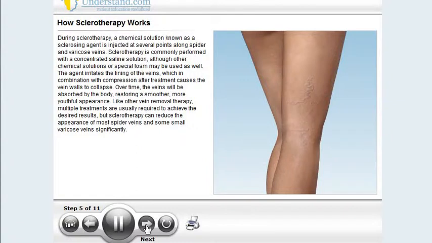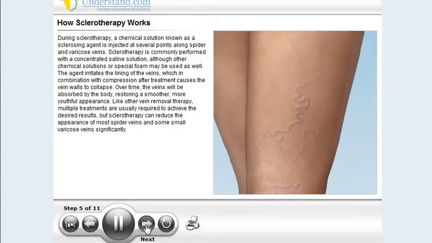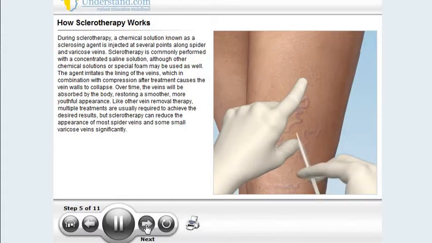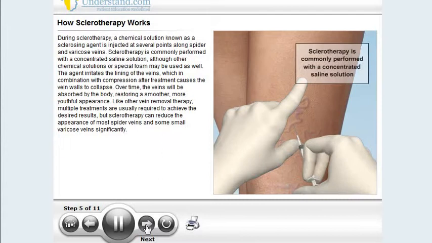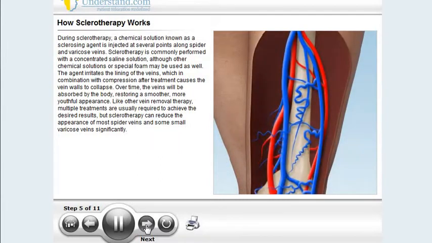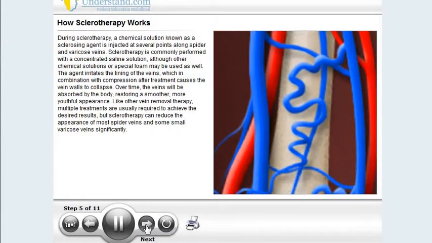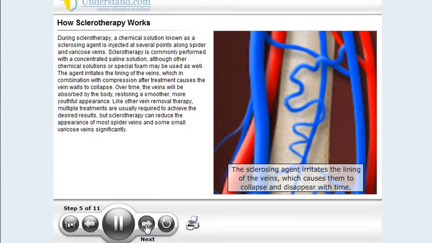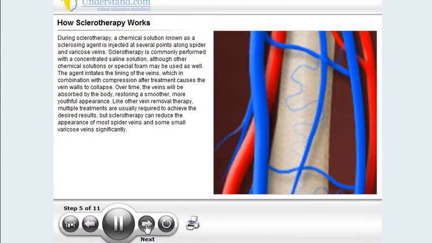During sclerotherapy, a chemical solution known as a sclerosing agent is injected at several points along spider and varicose veins. Sclerotherapy is commonly performed with a concentrated saline solution, although other chemical solutions or special foam may be used as well. The agent irritates the lining of the veins, which in combination with compression after treatment causes the vein walls to collapse.